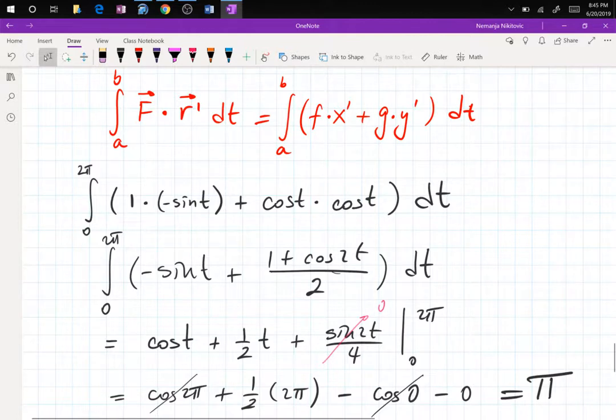What is this good for? Well, calculating the work. Because if you're pushing the crate or a fridge or something, you do that along some kind of curve C, right? And since in Calc 1, or in Calc 2, I think, work was the area under the curve.